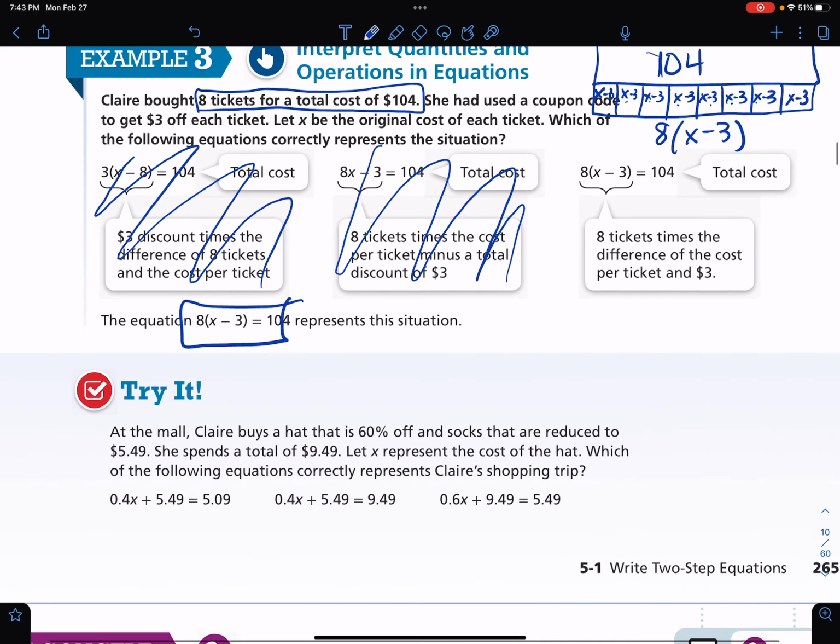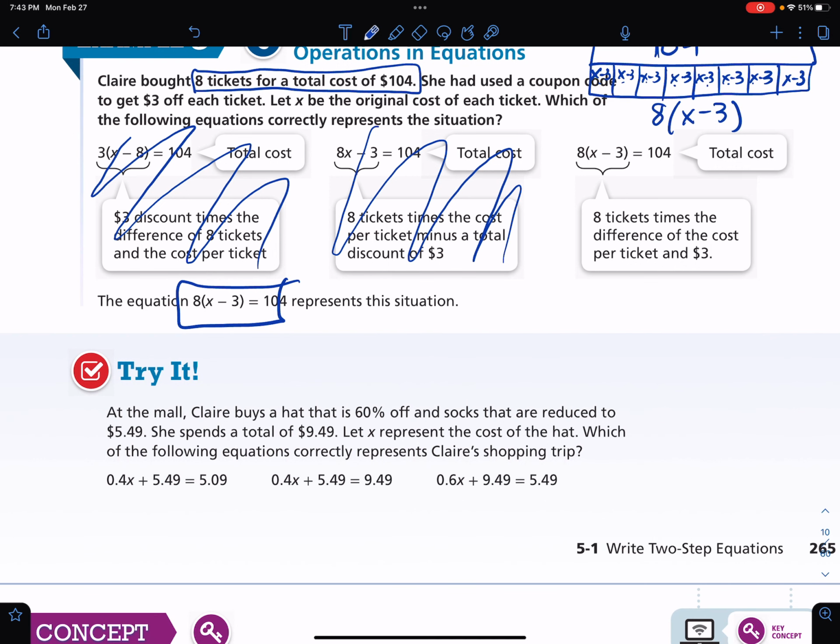At the mall, Claire buys a hat that is 60% off and socks that are reduced to $5.49. She spends a total of $9.49. So we know that our total is $9.49. We do not know the cost of the hat. So X equals hat.